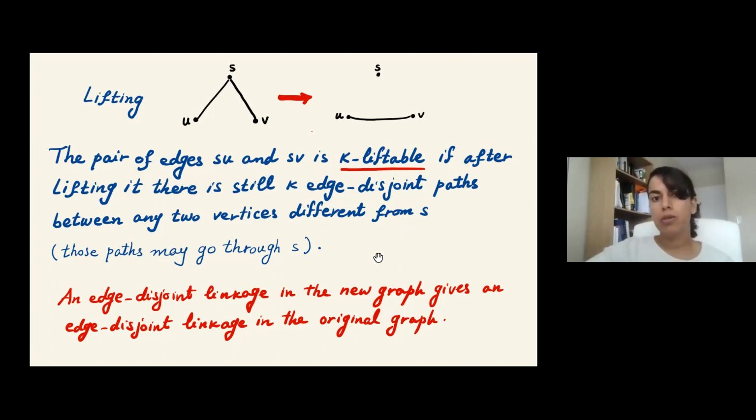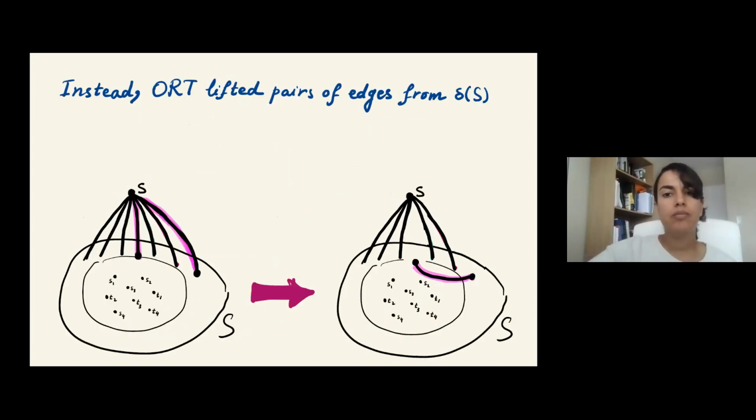And the good thing about lifting is that, as you can see easily, if we find a linkage in the new graph after doing a lift, then we can return it to a linkage in the original graph, just going through this edge, then through those pairs of edges.